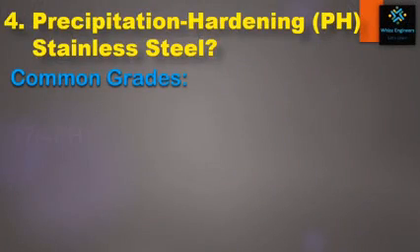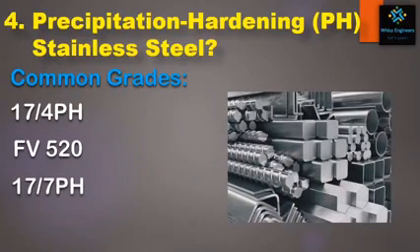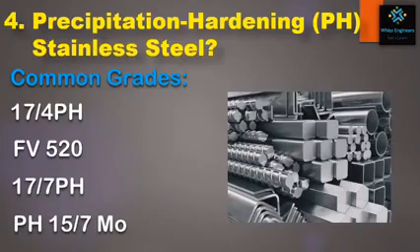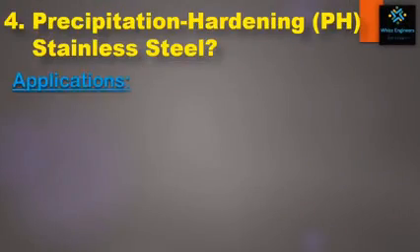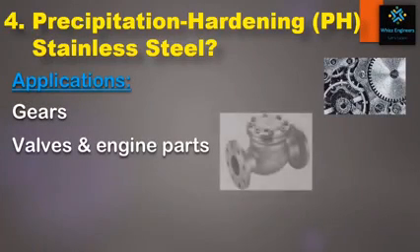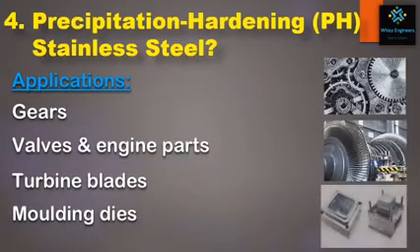The common grades of PH stainless steels are 17-4 PH, FE 520, 17-7 PH, PH 15-7 Mo. And these are some of the applications of PH stainless steels: gears, valves and engine parts, turbine blades, and molding dies.